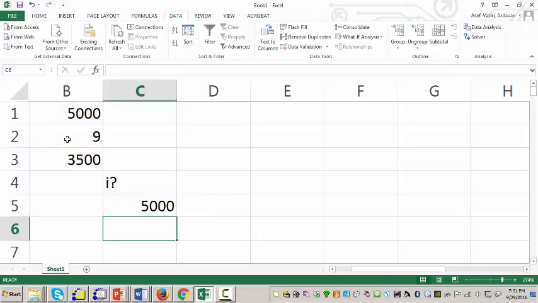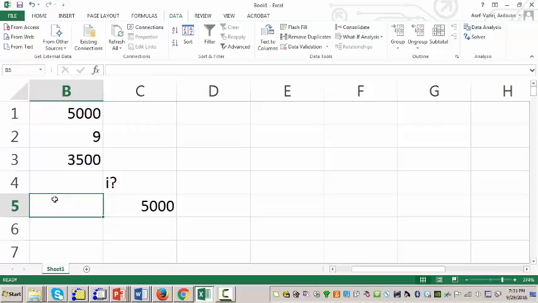And I enter it. Then I know 5,000, if it is going to go down to 3,500, interest rate must be negative. So I enter here equal to negative 0.01. So I entered negative 0.01 and future value came out 4,500 and something.